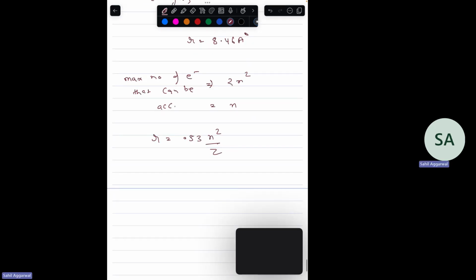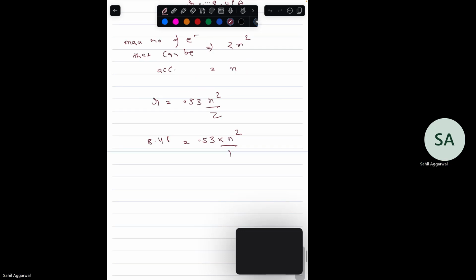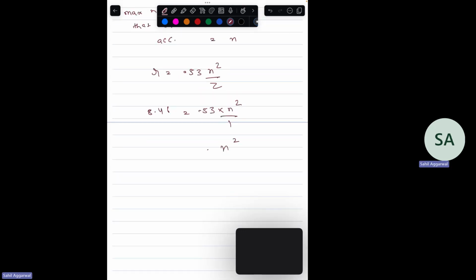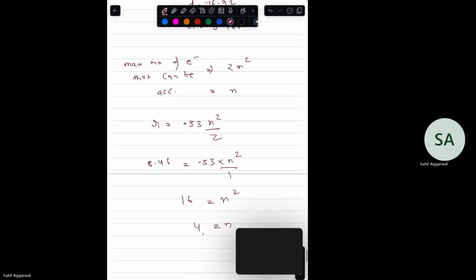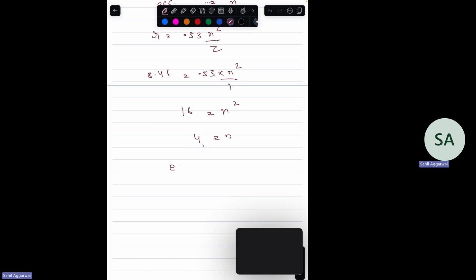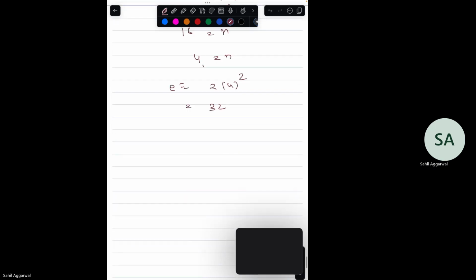So 8.46 is equal to 0.53 into n square by 1. From this the value of n square comes to 16, n comes to 4. When the value of n is 4, how many electrons will there be? 2 into 4 squared, that would be 32. This was question number 31.